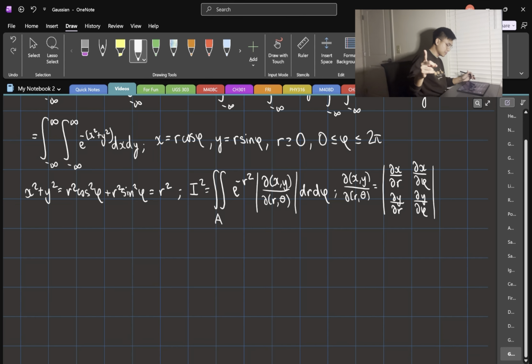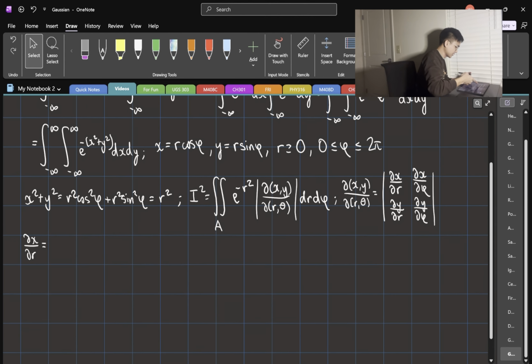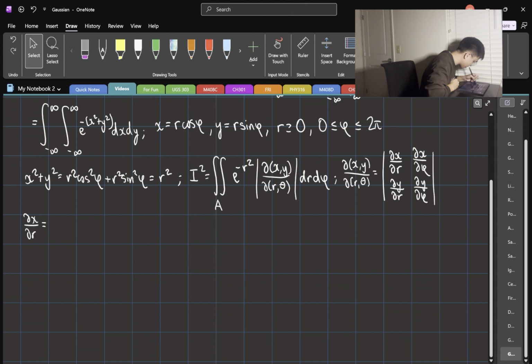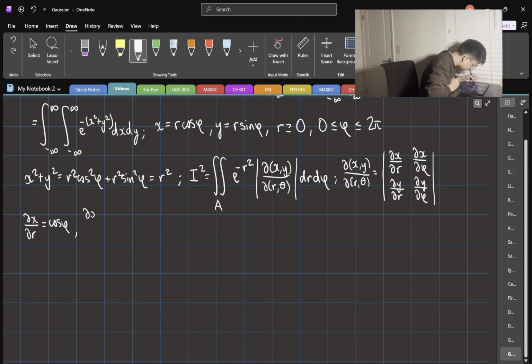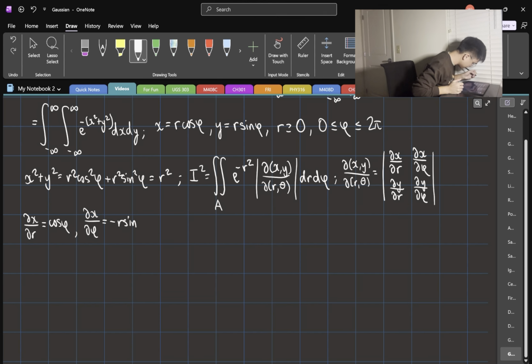So let's calculate some partial derivatives. So partial x, partial r. Okay, let's look at this. Differentiating that with respect to r, we just get cosine of phi. dx d phi, well, the r gets away, but the cosine of phi becomes a minus sine of phi. Then dy dr, again, the r is basically annihilated by the derivative.